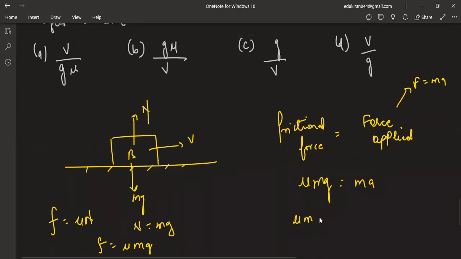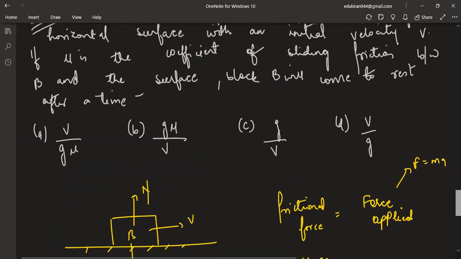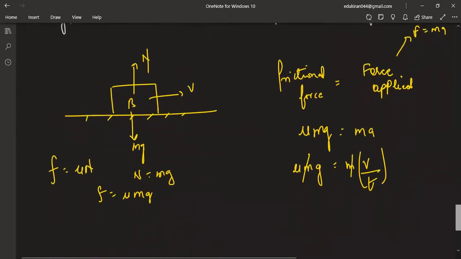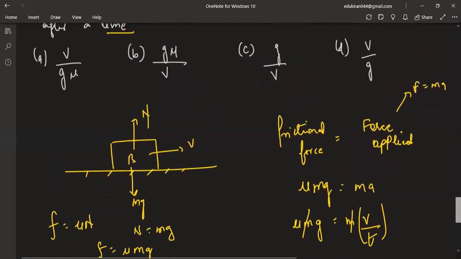If you write this as mu g, acceleration can be written as velocity by time. Now let's cancel this. So from here, only time is asked of us. So time will be equal to V by mu g. So this is option A, V by mu g.